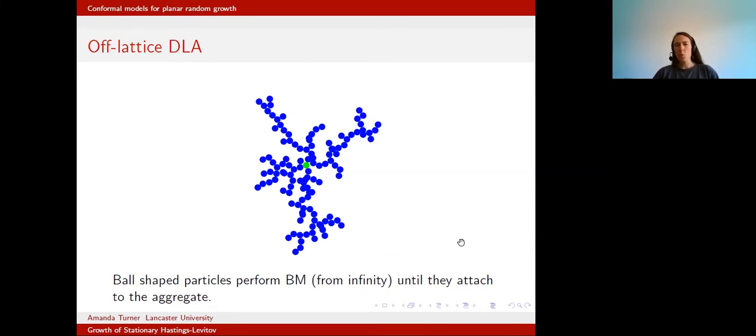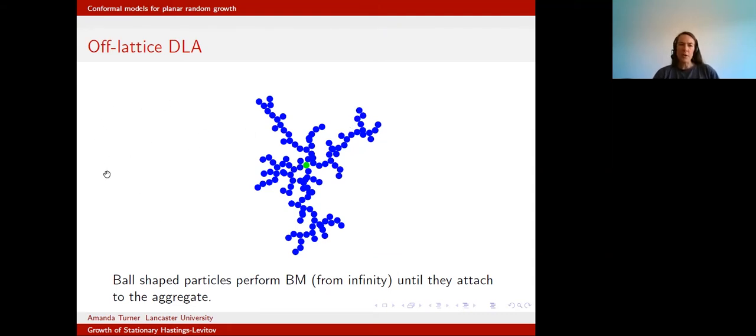And so a natural thing to do is to consider a map that goes from the exterior of the unit disk to the exterior of this cluster. And we know such a mapping must exist by the Riemann mapping theorem.